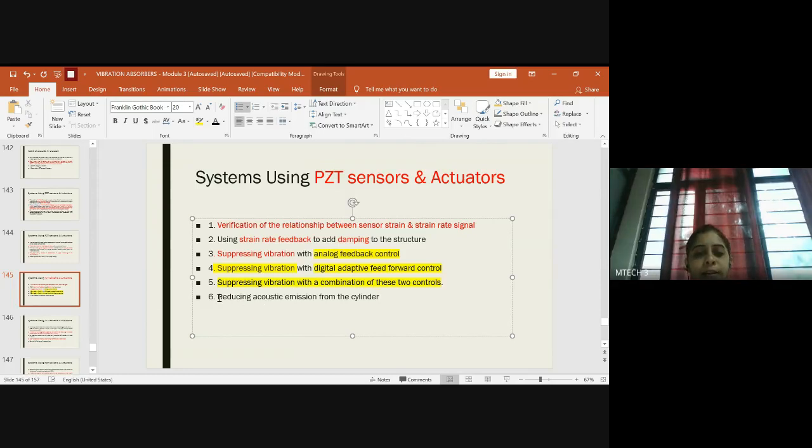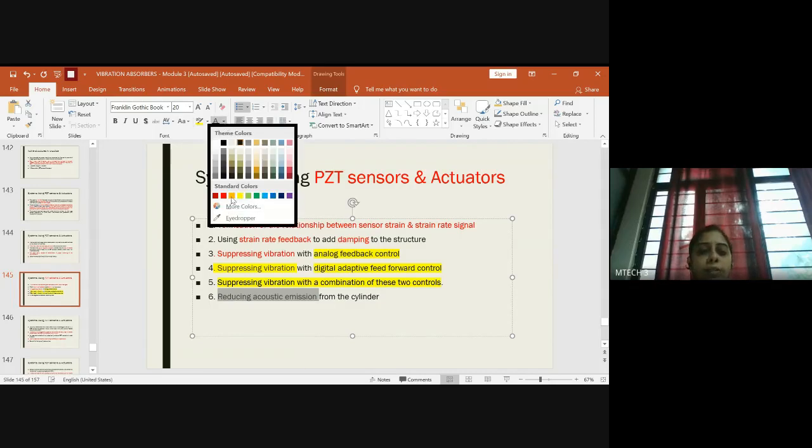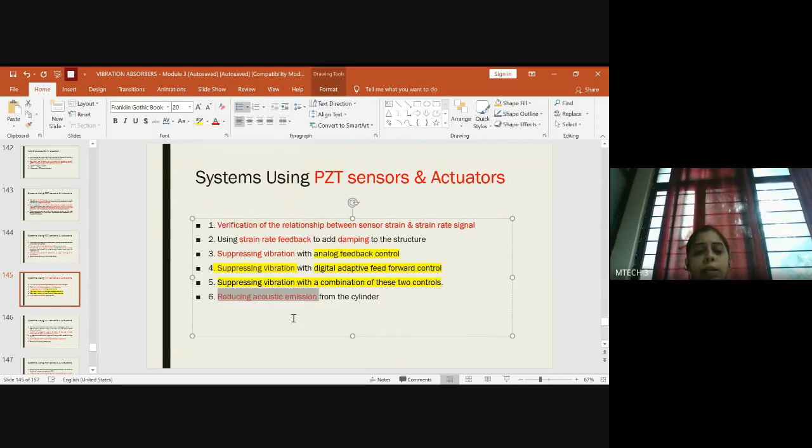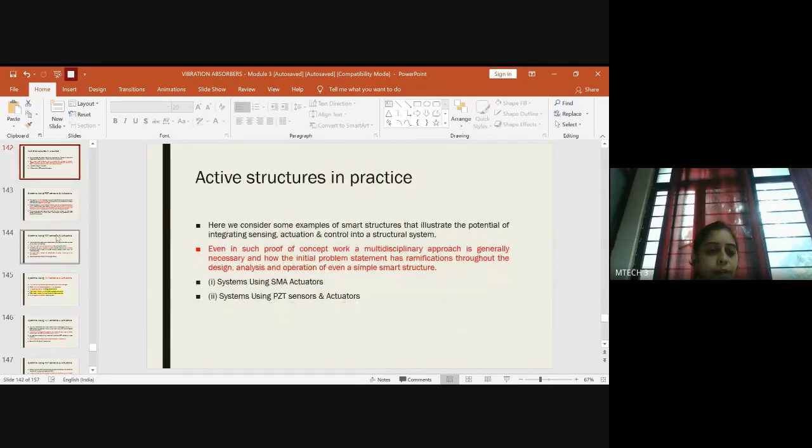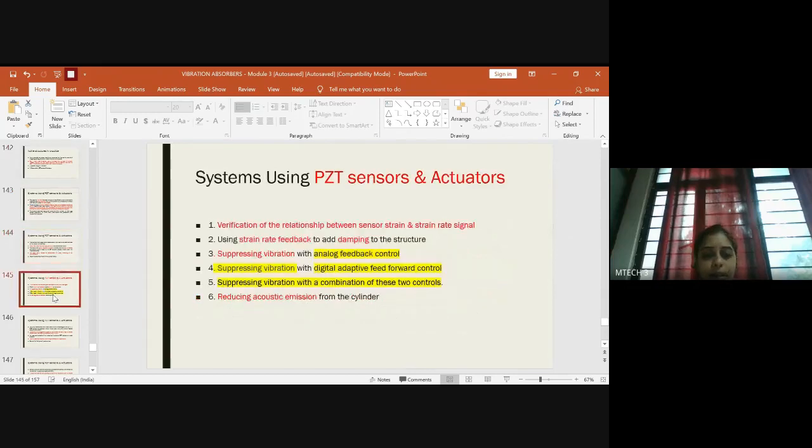And later, finally, he thought how to reduce the acoustic emissions which come out through the cylinder. Because whenever you use a cylinder and it is subjected to the electromechanical shaker with the vibrations, obviously some amount of acoustic emission comes into the volume, because it depends again on the volume of the cylinder.